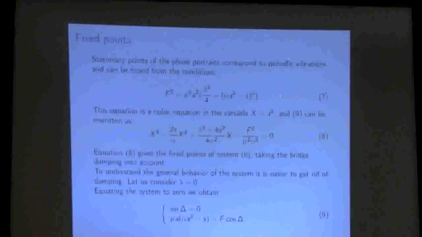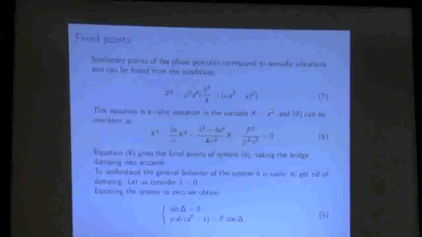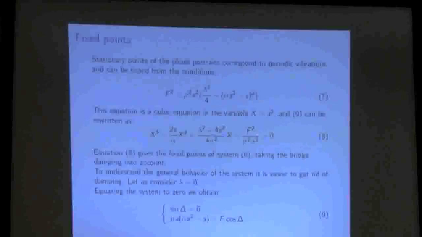Now it is interesting because we could study stationary points of the phase portrait that correspond to periodic vibrations. They are governed by these equations, and this equation is a cubic equation in the variable that is the square of the amplitude, and we can rewrite this equation in that form.